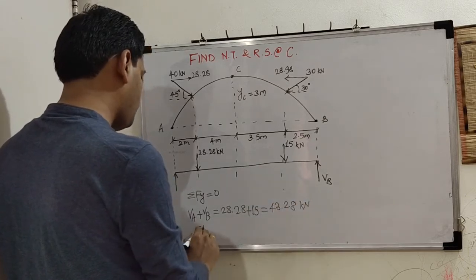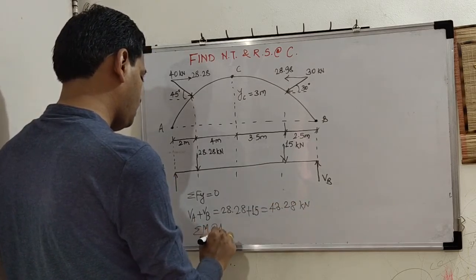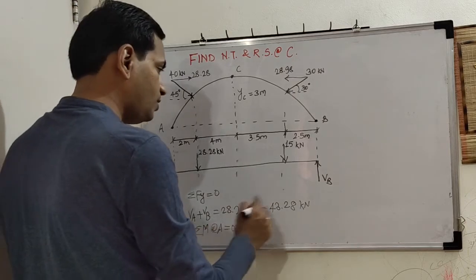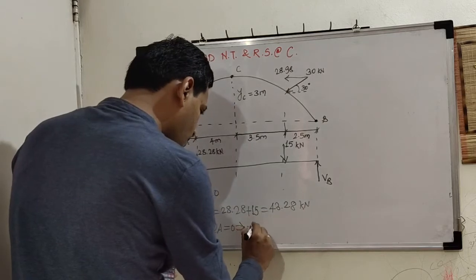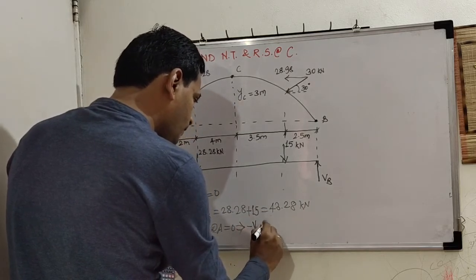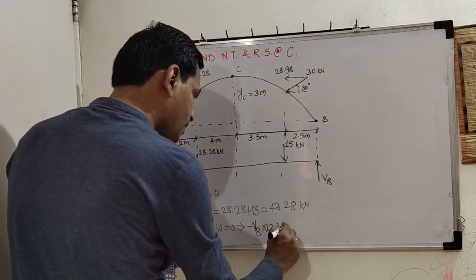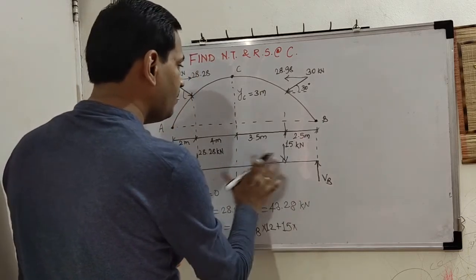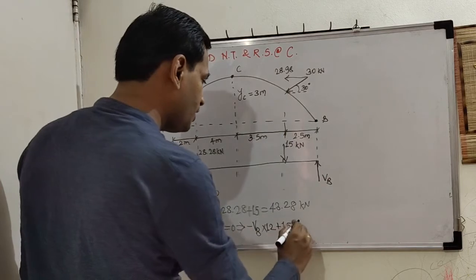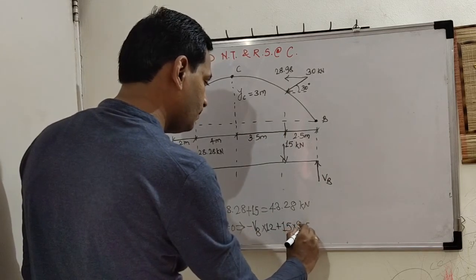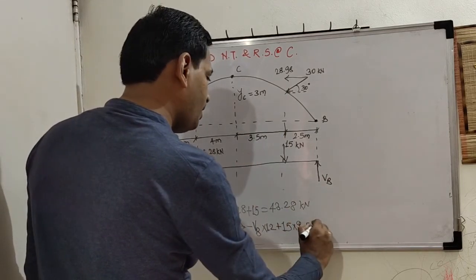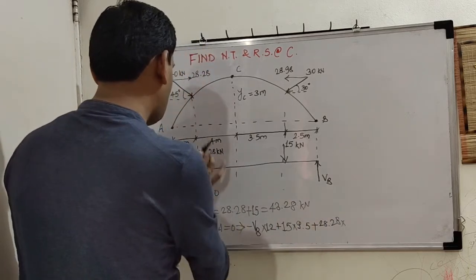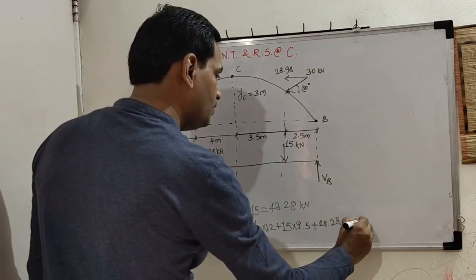Then summation of moment about A is equal to 0. It is going to give us this equation: minus VB into 12 plus 15 into 12 minus 2.5, so it is 9.5, plus 28.28 into 2 is equal to 0.